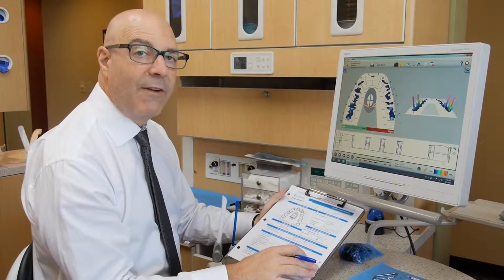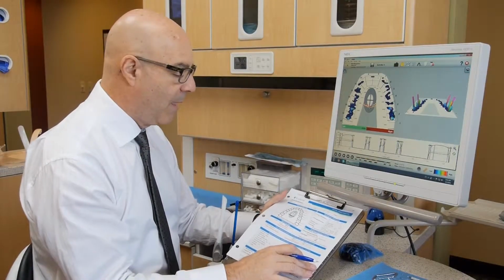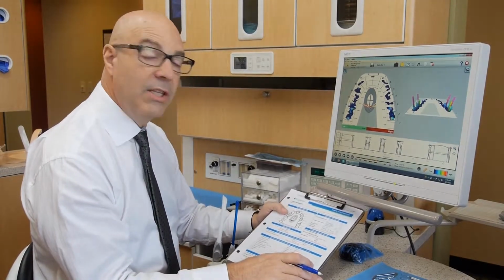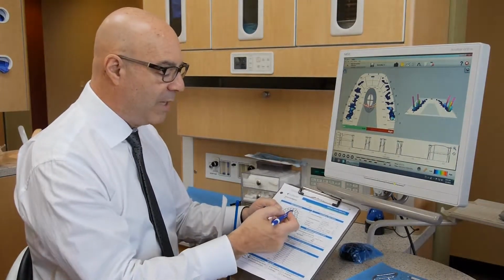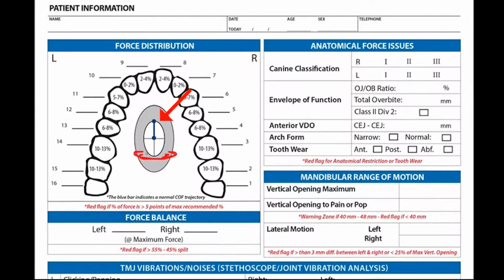If we need a frame of reference for whether or not we have long kite tails and whether or not they are in the target zone, all we have to do is just look at the form itself. We have a dark blue barbell inside the target zone, and that dark blue barbell represents a normal trajectory being short and fitting inside the target zone.